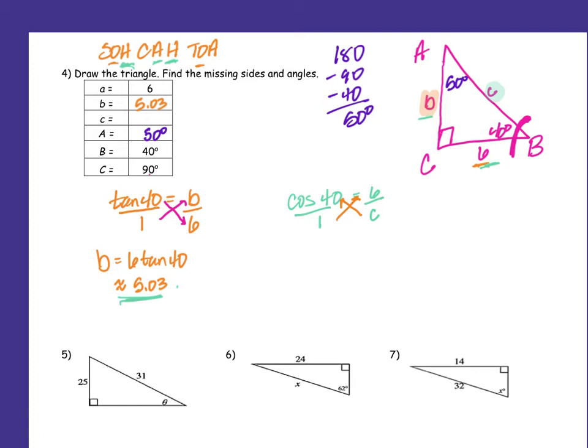So I end up getting C cosine of 40 equals 6. Well, C still is not by itself, so what am I going to have to do to get it by itself now? Anybody? What do I have to do to solve for C now?